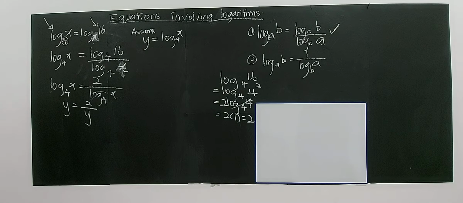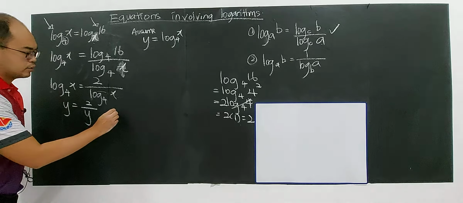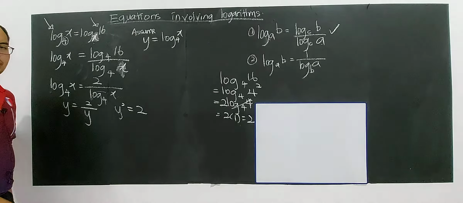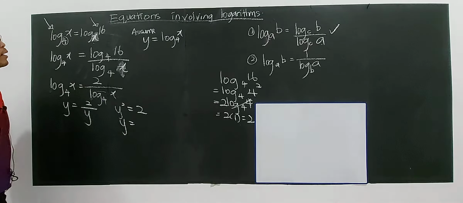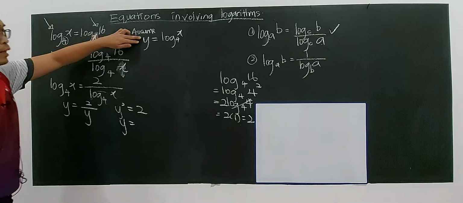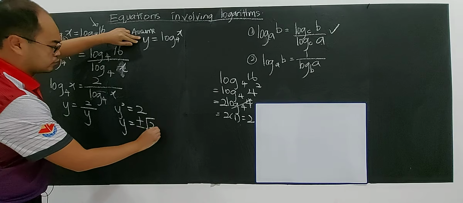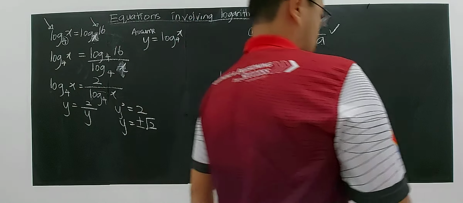Y equals to 2 over y. Then you can solve this just like a quadratic. You have y square equals to 2, right? Then y is positive negative of square root of 2, right? Positive negative of square root of 2.